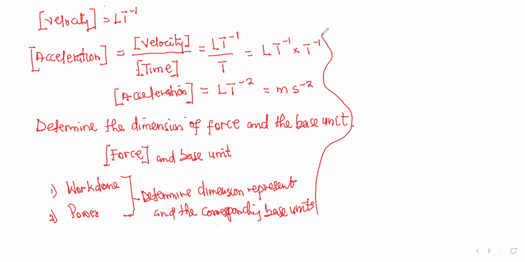So work done is force times distance. The dimension for force is MLT raised to the power negative 2, and the dimension for distance is capital L. So the dimension for work done is ML squared T negative 2.